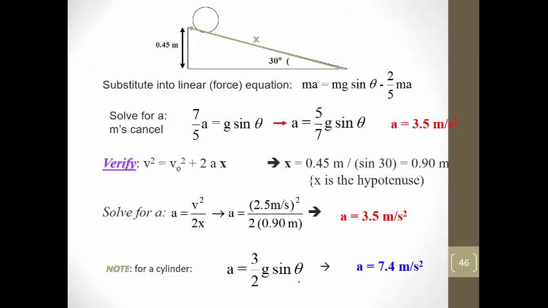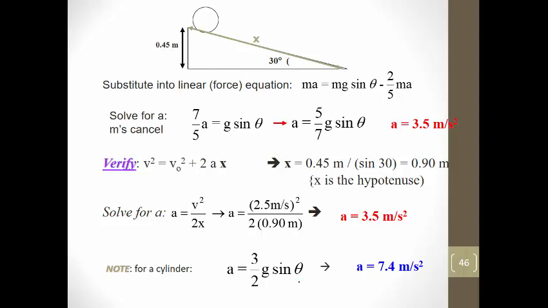And now I can have two equations and two unknowns, and I can do some substitutions, and I end up that the acceleration of the center of mass is 3.5 meters per second squared. I could show this maybe by flashing back to chapter 2 and figuring out the same thing, and I end up with a is 3.5 meters per second squared.